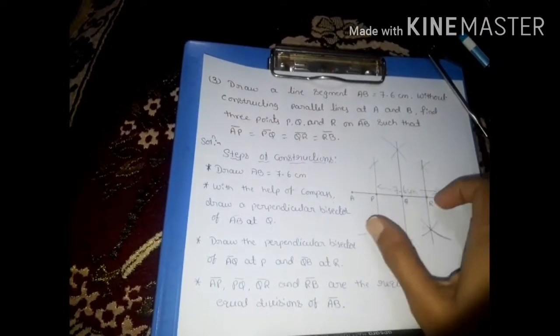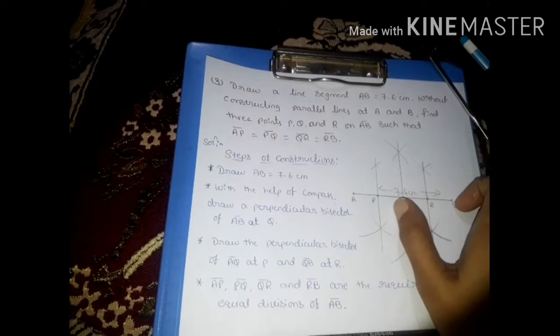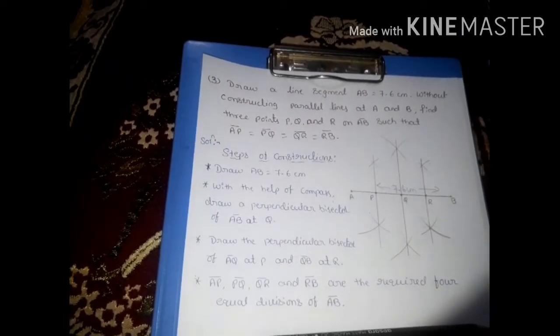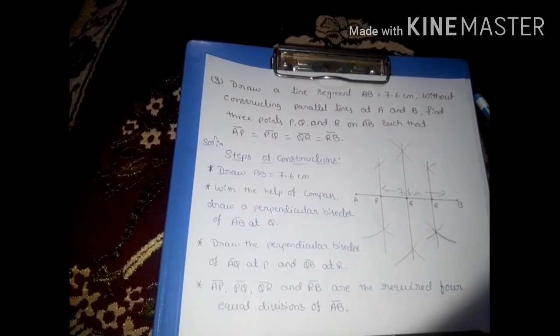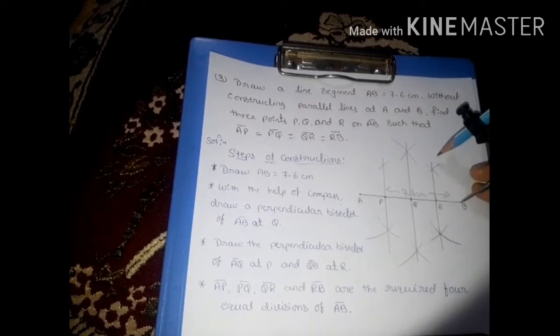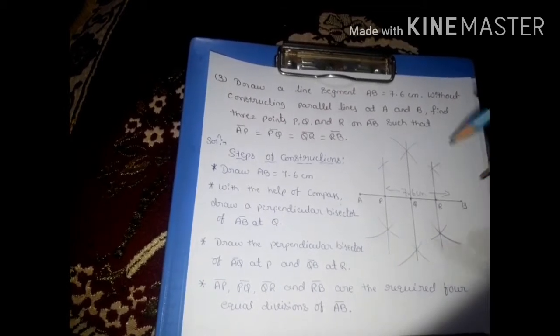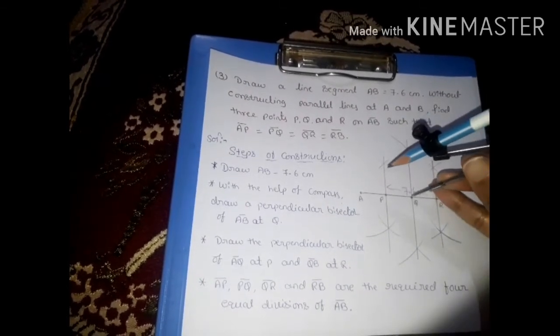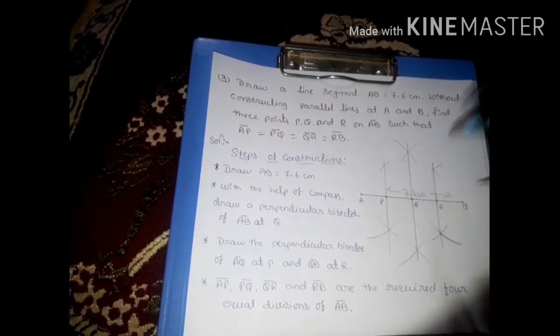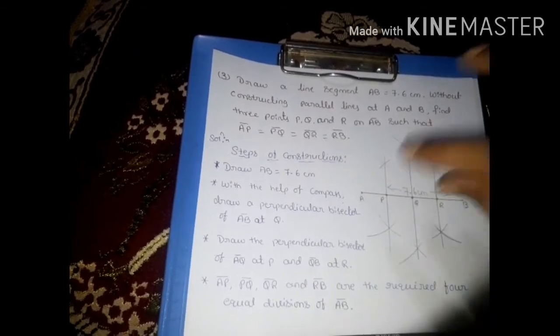Similarly, here also consider QB as one line segment. Take a measurement from the compass more than half. From point B, cut one arc above and below. Similarly, from point Q, cut another arc that should meet the arc you drew before from B. Similarly, what you did in the AQ line segment, take more than half from the compass.